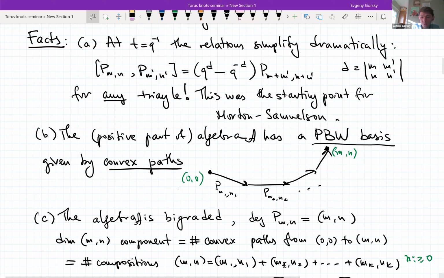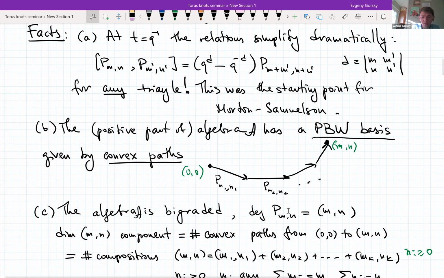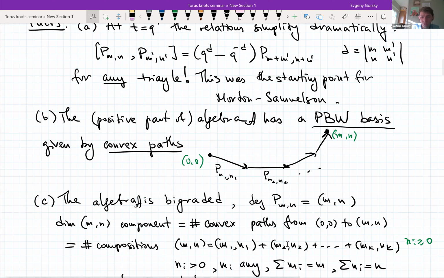The sum of m's is equal to m, the sum of n's is equal to n. Again, you can check that the number of convex paths from the origin to (m,n) is the same as the number of such decompositions up to permutations, because if you have a non-convex piece, you can change the order, and then it becomes convex.